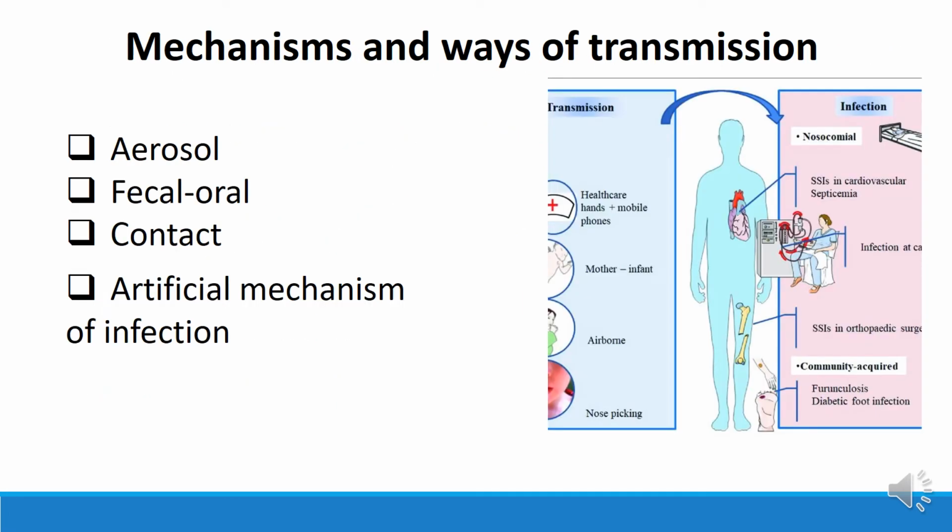All natural mechanisms of causative agent transmission are present in the epidemic process of nosocomial infections. Hospitals are a favorable environment for the implementation of transmission ways. Let's discuss the mechanisms and ways of transmission: first of all, the aerosol mechanism, fecal-oral, contact, and artificial mechanism of transmission.